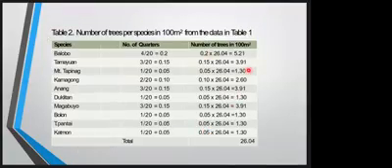So let's continue to table number 2. So this indicates the number of trees per species in 100 square meters from the data in table 1. So as you can see, number of quadrats 4 over 20. Asa siya na-obtain?